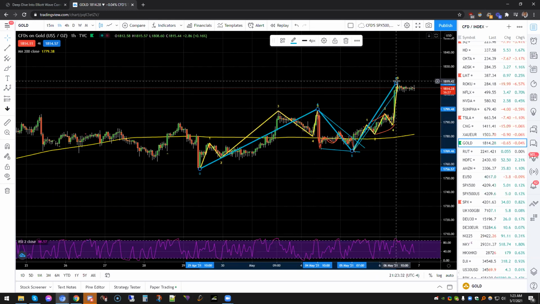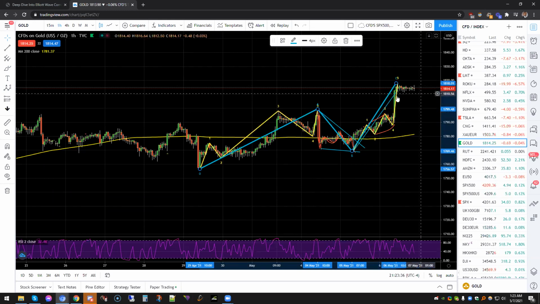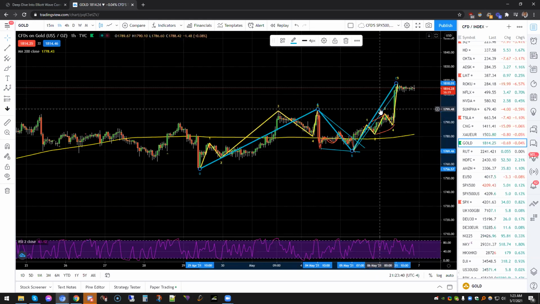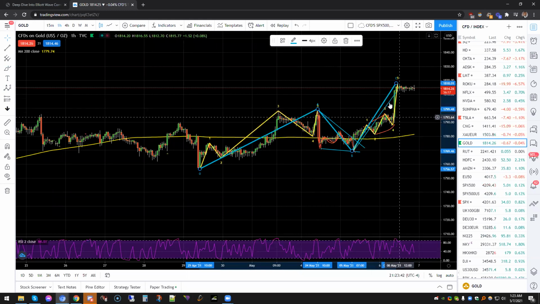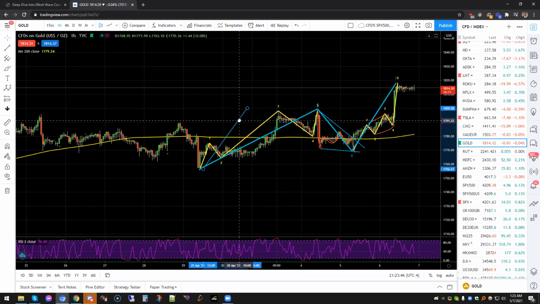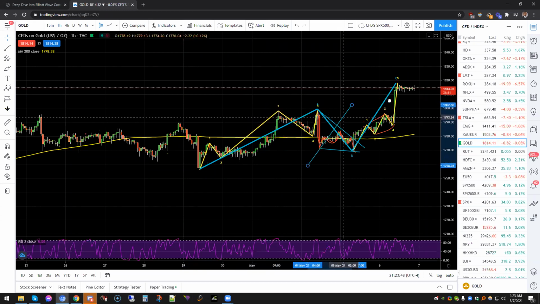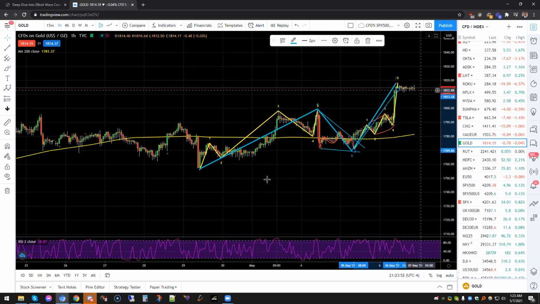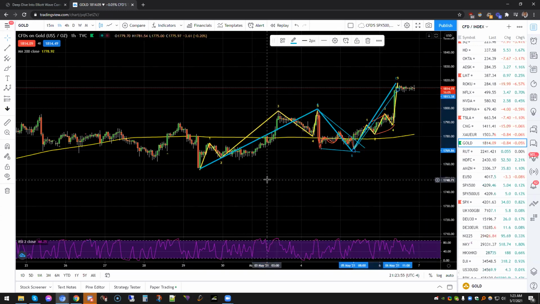Or if you look at this more in depth, you could say that this is also a 3-wave move to the upside, which makes this an ABC wave. Okay, and as you know, typically the A wave and the C wave are the same length. And you can see that they are the same length in this case. Okay.